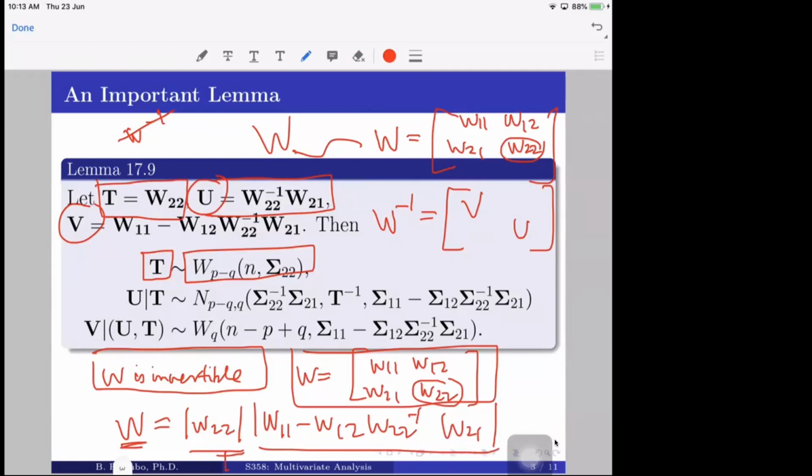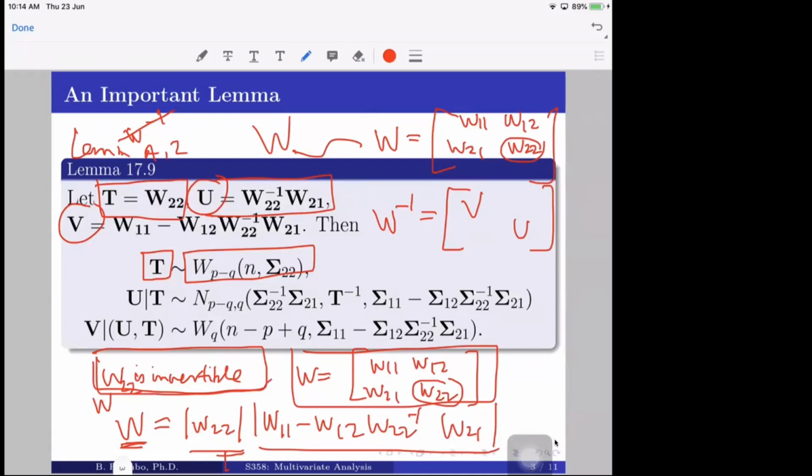And it is also with the condition that it is not W that is invertible but W22. Okay, lemma A.2. If W22 is invertible, then we can write W in this manner.